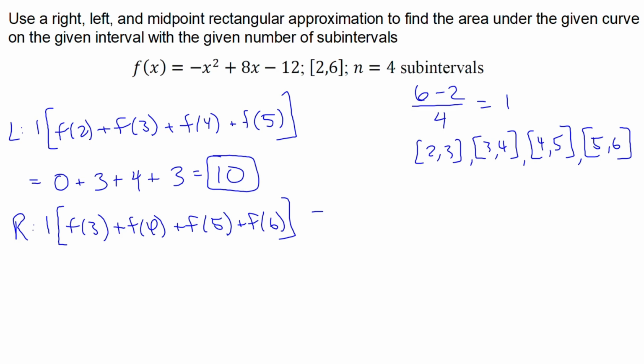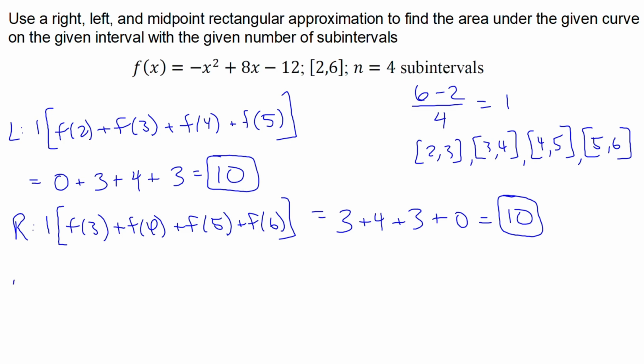And when we do that, we actually just found f of 3 a little bit ago. f of 3 was 3, and f of 4 was 4, and f of 5 was 3, and then f of 6 should be negative 36 plus 48, which is 12, and then minus 12, which is 0. So it actually ends up being exactly the same thing there.